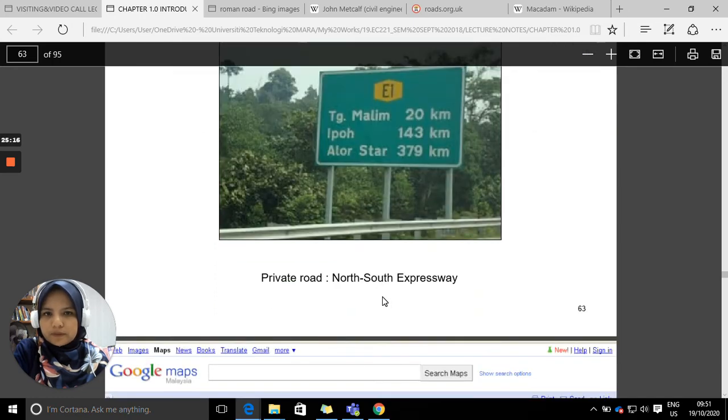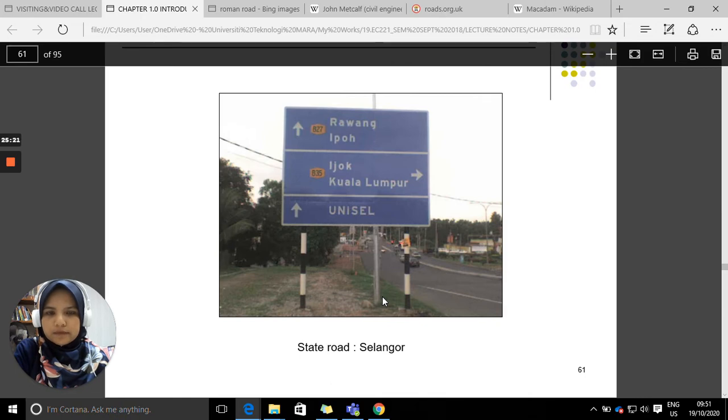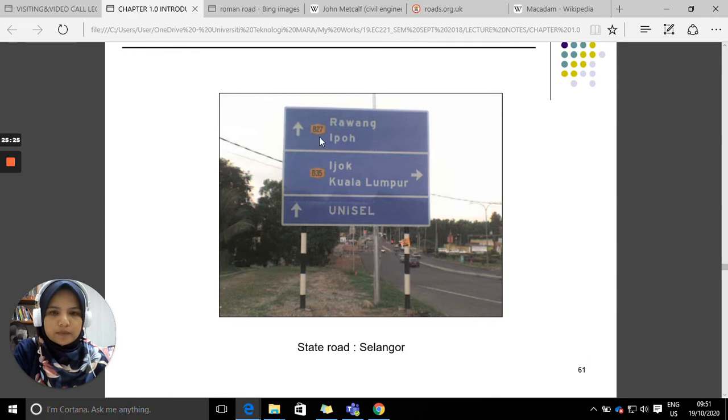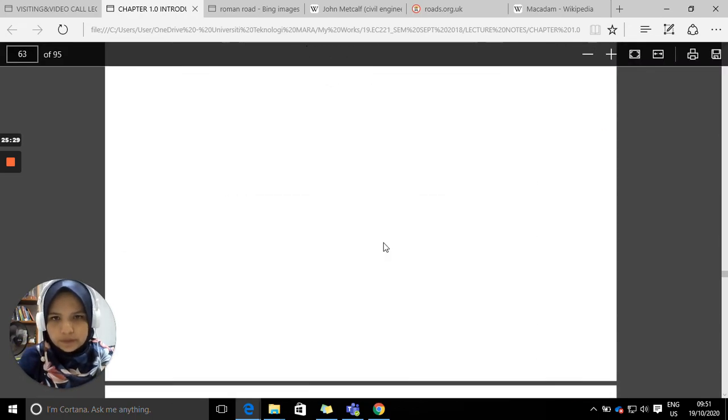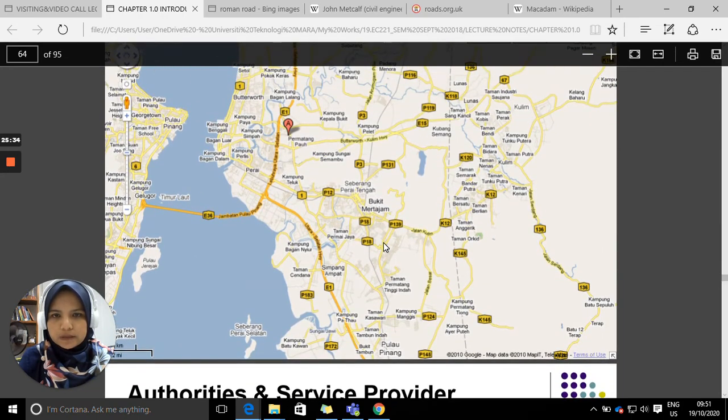Private road is the North-South Expressway. Okay, so if you look at the color itself, if it's green color, it's more private. This blue color is a government road, and the state or private road. Okay, so this is where you can see the linkages of the road system.